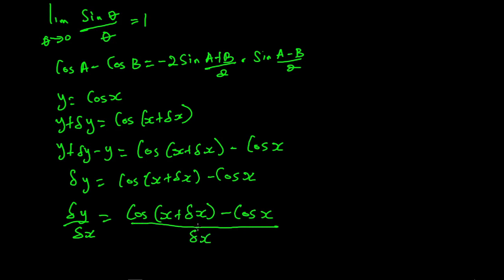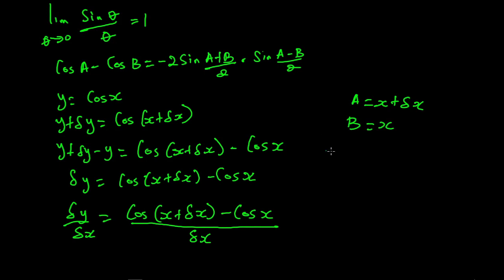Now by comparison, if we compare this numerator with this trig identity, we see that here we have cos a minus cos b, and here we have cos of x plus delta x minus cos x. That means our a in this trig identity is the same as x plus delta x, while b is the same as x.